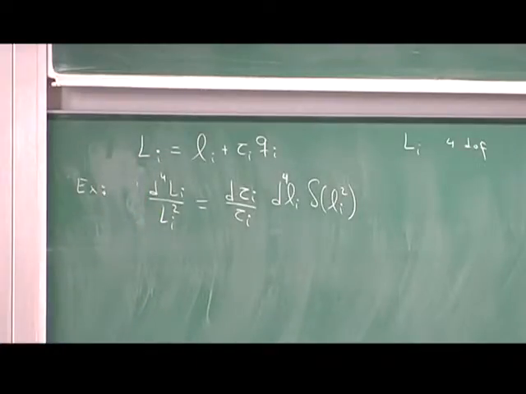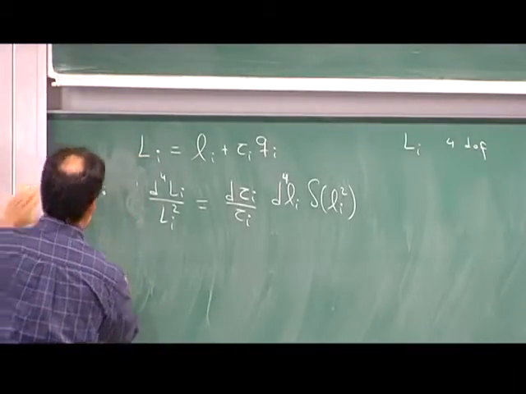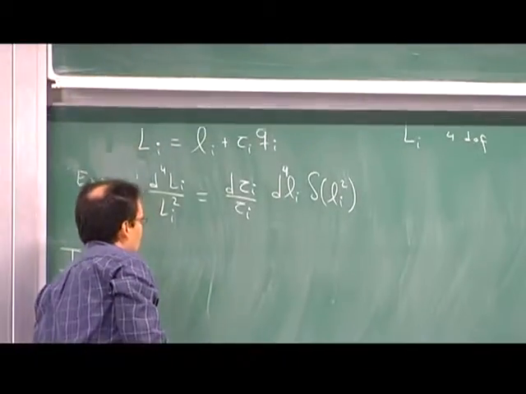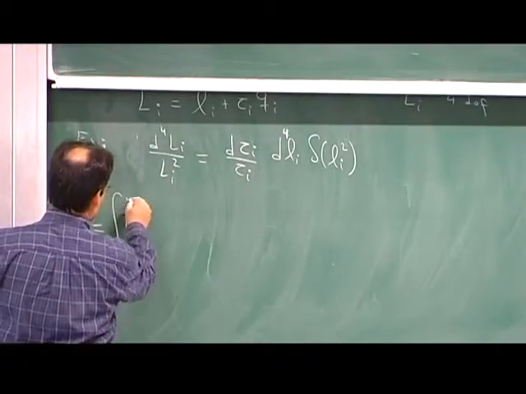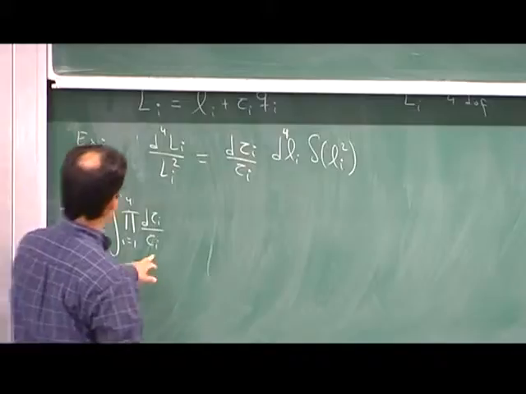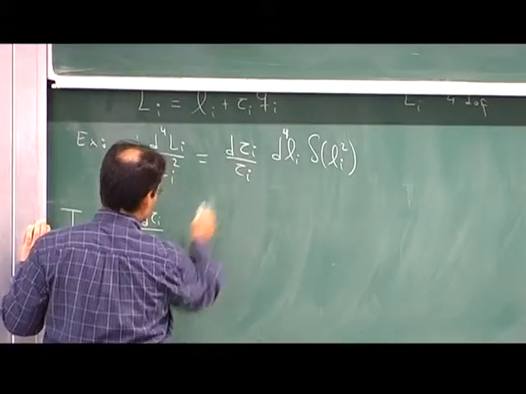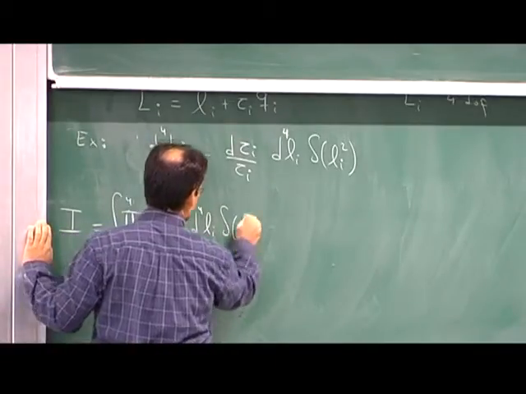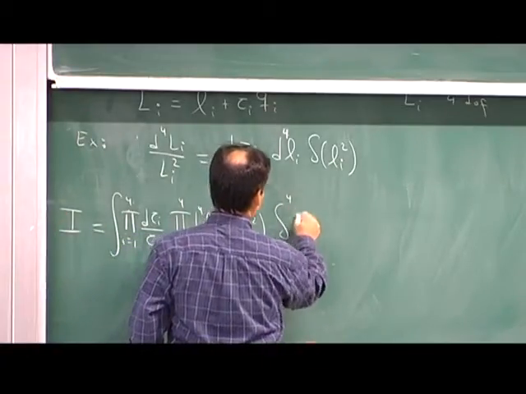which depends on what reference spinor or what reference vector you choose. So if we do this, and we apply that to our integral, so our integral, let me call it I, becomes the integral, product from 1 to 4, d tau_i over tau_i. Well, it also has the other part of the measure, product from 1 to 4, d^4 l_i delta of l_i squared. And now we have these guys here.